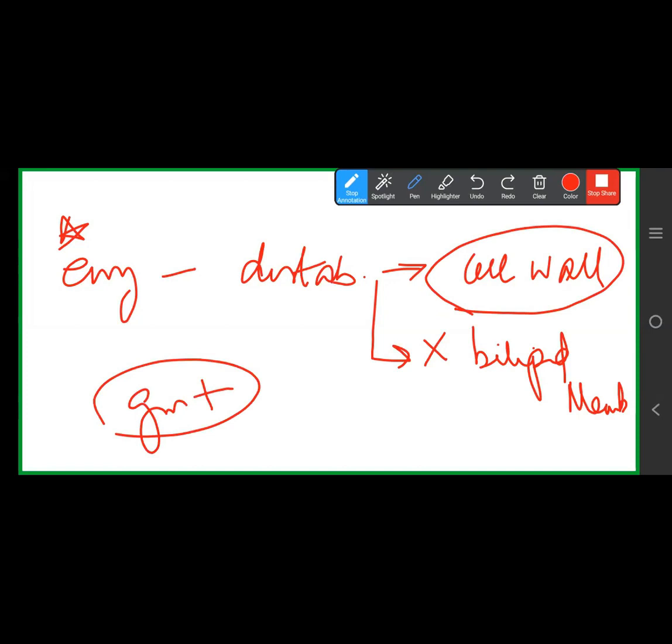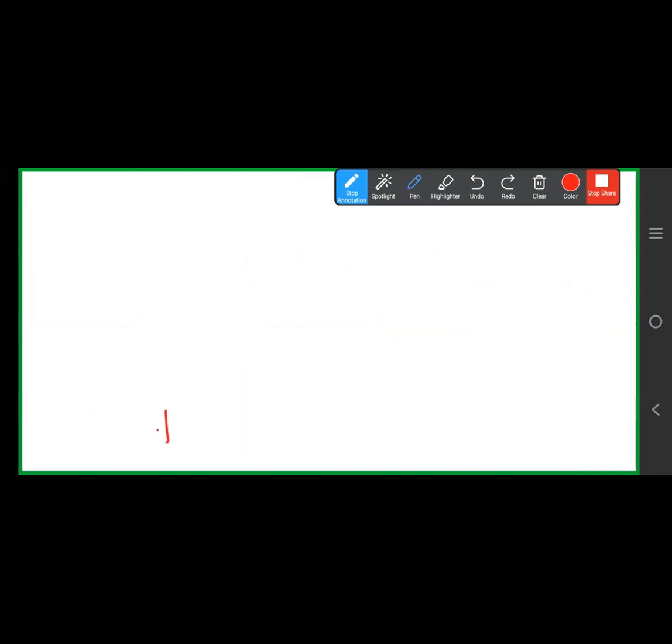In gram negative bacteria, there is an outer lipid bilayer. If you remember the previous class of basic bacteriology, both gram positive and gram negative bacteria have a cytoplasmic membrane, then the peptidoglycan, and then the cell wall.